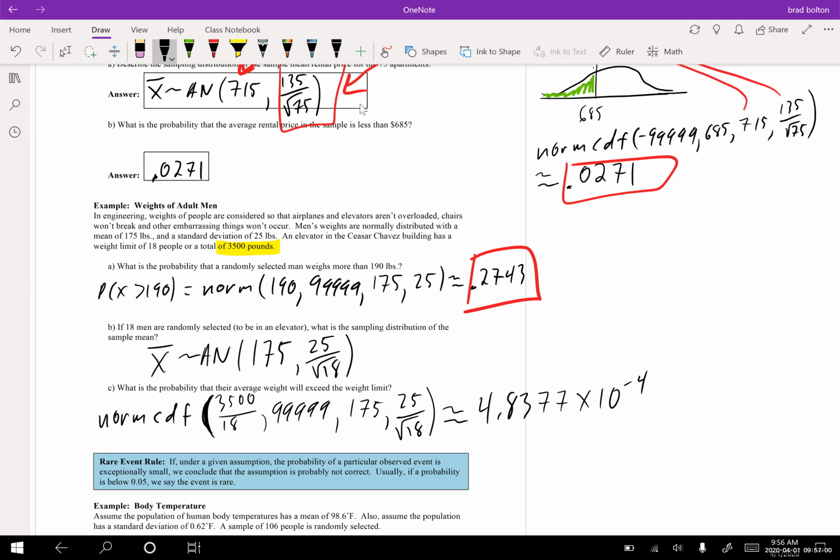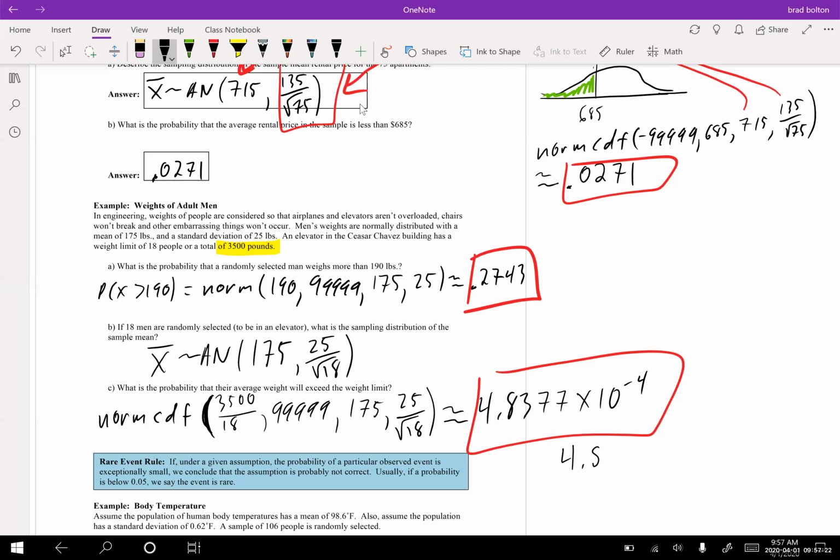So in your calculator, you guys probably got 4.837725 blah, blah, blah, times 10 to the negative 4. It'll say e to the negative 4, but that means times 10 to the negative 4. So this is the correct answer. Okay, but if that doesn't make sense to you, let's write it for what it is. What does 10 to the negative 4 do to a number?